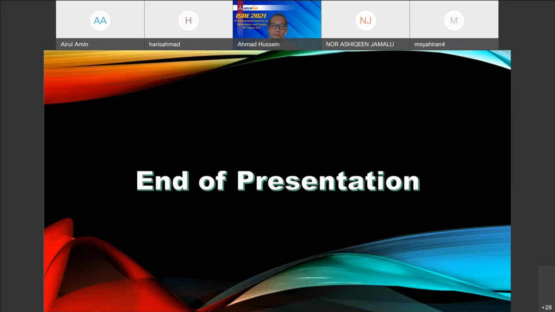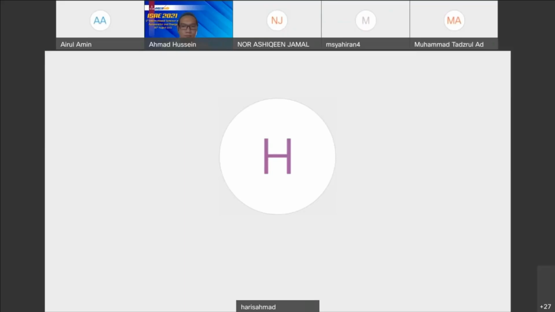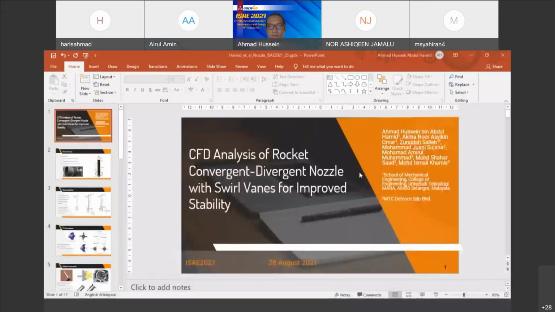The paper entitled CFD Analysis of Rocket Convergence Divergence Nozzle with Swirl Vanes for Improved Stability. The authors of this paper are Ahmad Hussein bin Abdul Hamid, Akmal Nur Ashikin binti Omar, Zuraidah Saleh, Muhammad Joini Sujana, Muhammad Amirul Muhammad, Muhammad Shahar Saad, and Muhammad Ismail Kamis.